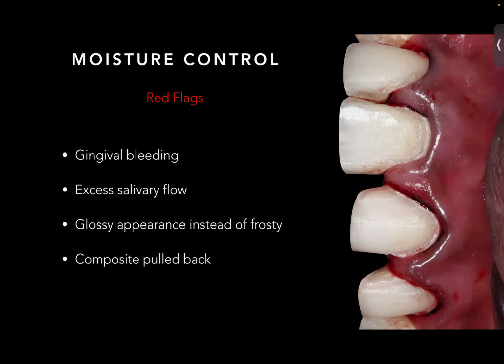Right now, imagine you're putting a rubber dam or doing a normal procedure and blood starts rushing out of the marginal gingiva. What do you think is going to happen to the composite which you are about to cure, or the hybrid layer which you have probably already formed? A lot of such questions just arise. So it is just better that you either achieve total isolation or you do not go for composites at all.